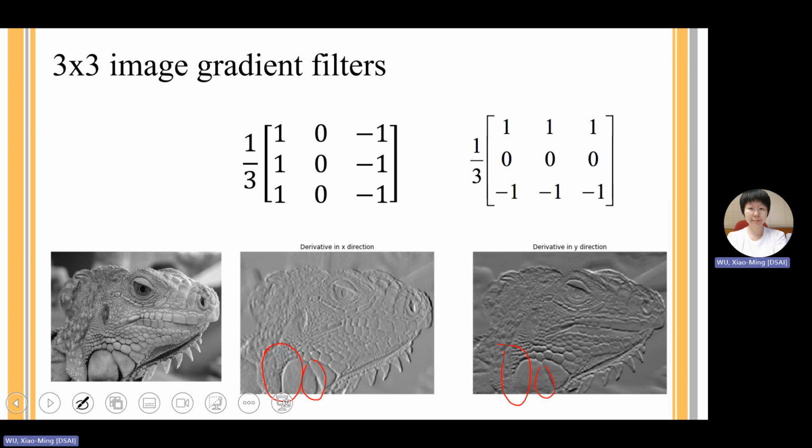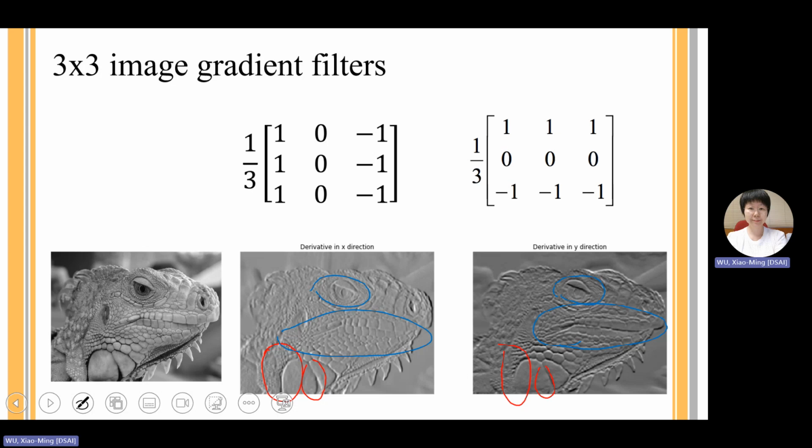And conversely, there's a clear horizontal edge in this position, but it doesn't show in the result of X derivative.